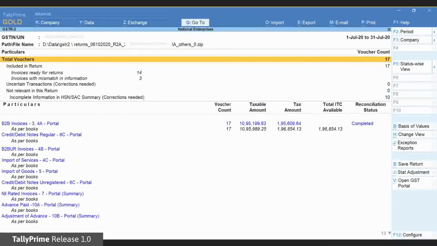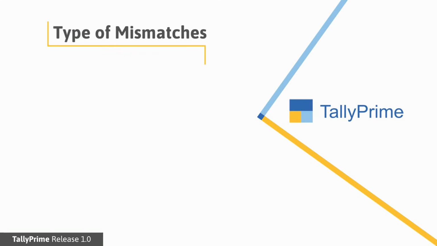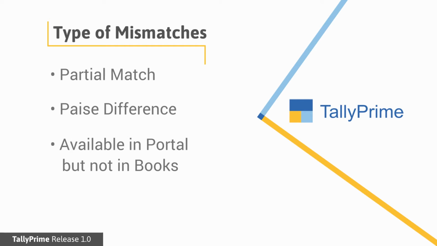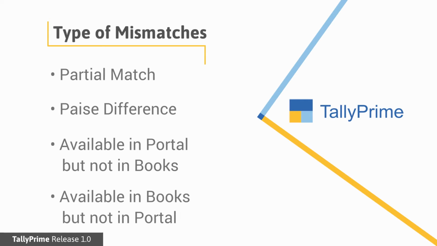The mismatches could be due to partial match, where some information of the invoices from books matches with that uploaded by a supplier on GST portal. Paisa difference. Information is available in portal but not available in the books. Information is available in the books but not available in the portal.